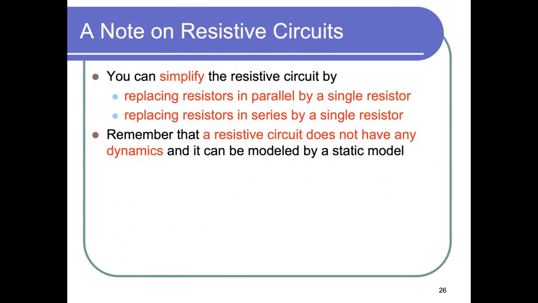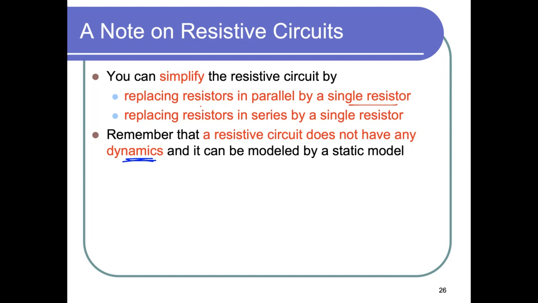Then we have resistive circuits. We can simplify resistive circuits by replacing the resistors in parallel by a single resistor, or replacing resistors in series by a single resistor. We remember that resistive circuits do not have dynamics, so it's in steady state, and it's a DC system. So this goes back to the question we just had. Why do we have functions of time?